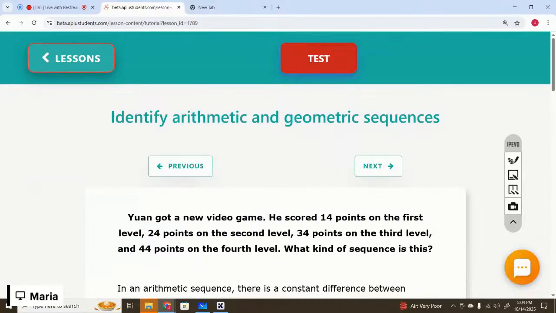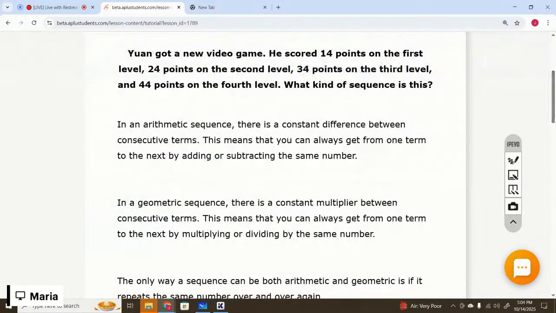Yuan got a new video game. He scored 14 points on the first level, 24 points on the second level, 34 points on the third level, and 44 points on the fourth level. What kind of sequence is this? In an arithmetic sequence, there is a constant difference between consecutive terms.